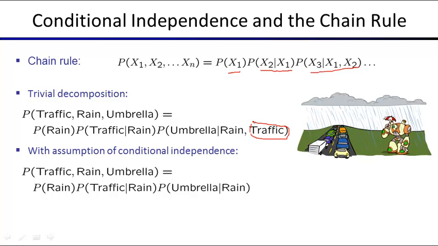And so you might be able to represent this big original distribution by a product of relatively small tables. That will be much more efficient than representing the original distribution directly, which we know for binary variables will be 2 to the n entries.